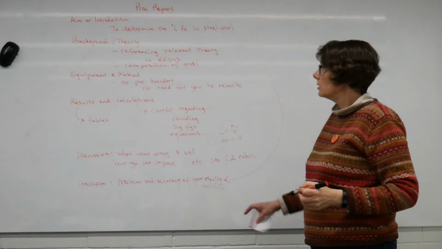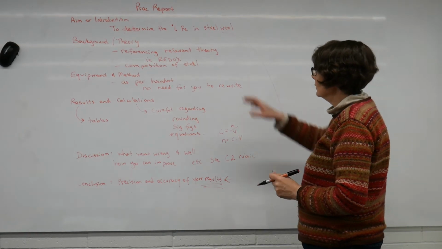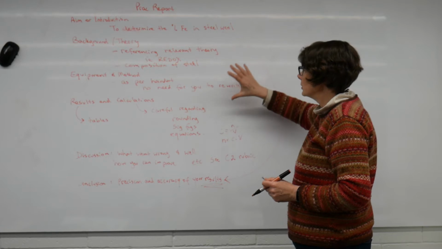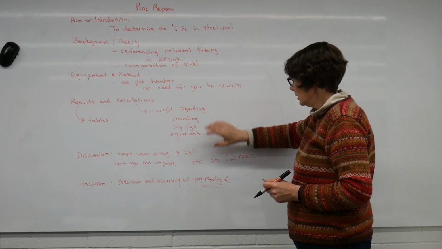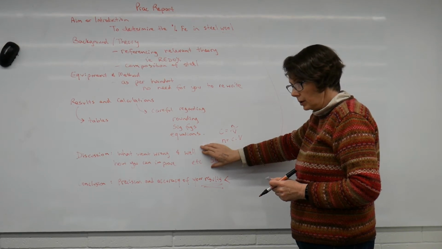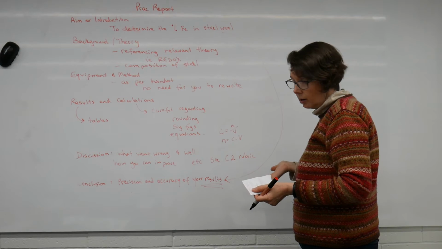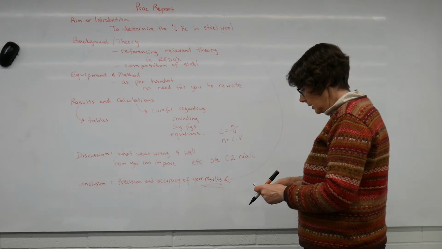So the conclusion is the answer to the aim. This is all the background around the back of it. This is how you do it. This was what happened when you did it. This is when you discuss, well, when you did it, how did that go? And then this is the conclusion for the whole thing.